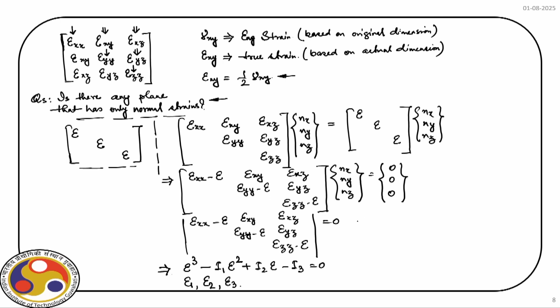And the 3 strain invariants in our case are, say, I 1 is equal to epsilon x x plus epsilon y y plus epsilon z z.